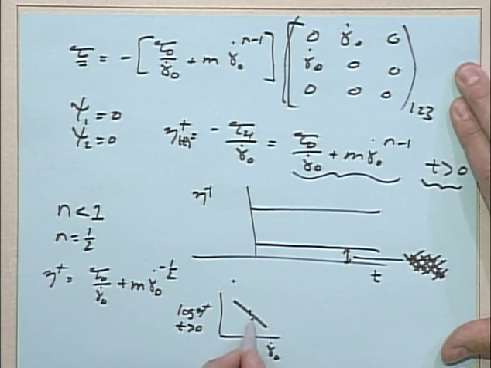Halfway down, I get this portion of the curve, and I add, let's say this gamma dot is 10 times bigger, it's going to be 1/10 as much.